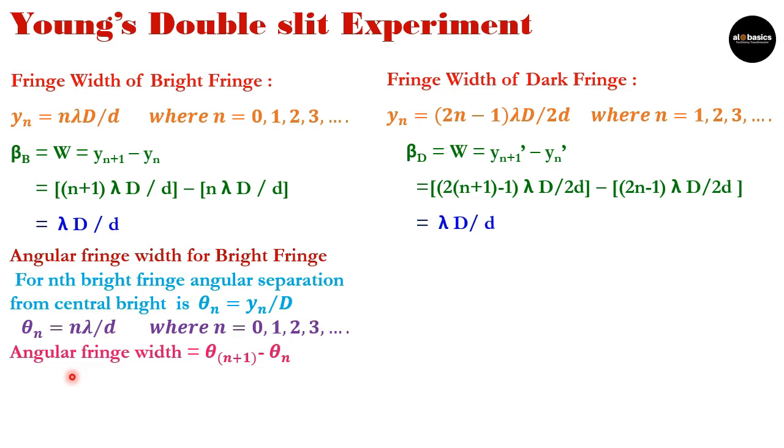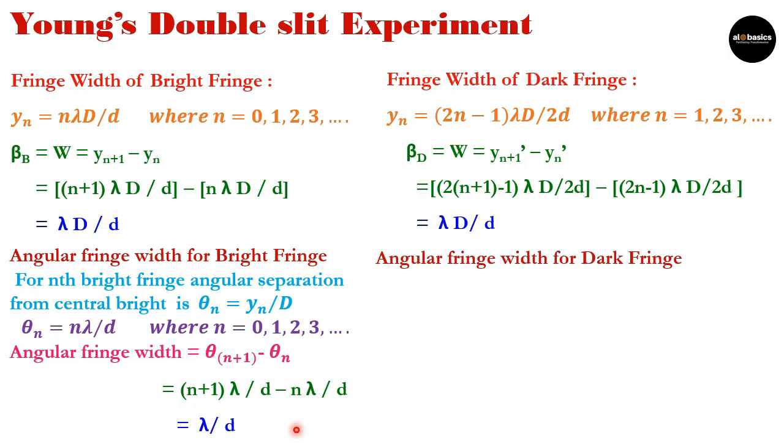We find out angular fringe width, that is equal to theta n plus 1 minus theta n. Here we'll substitute their values and we come to conclusion that angular fringe width is given by lambda by small d. Similarly, I can find out angular fringe width for dark fringe also.